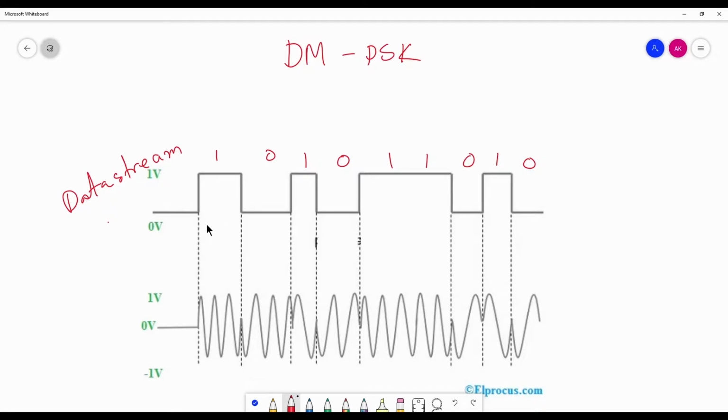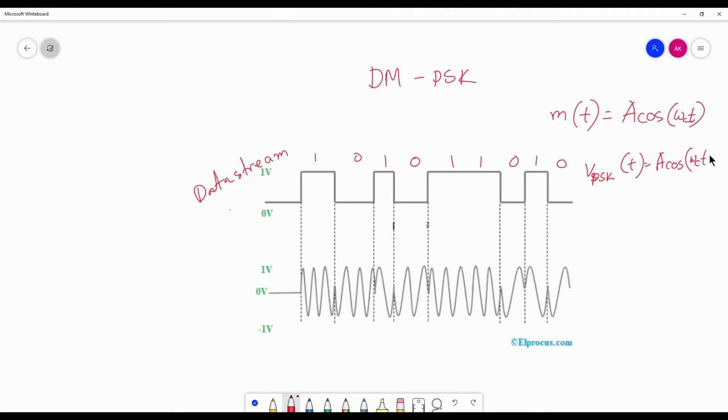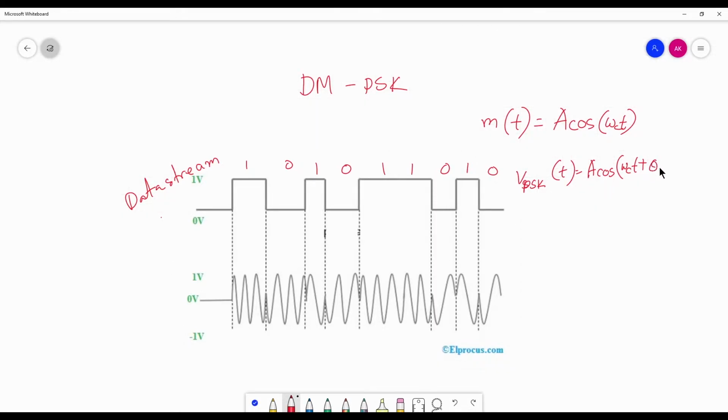If we talk in mathematical terms, say this is our message signal, and if we modulate it, we get the PSK form with a phase theta.